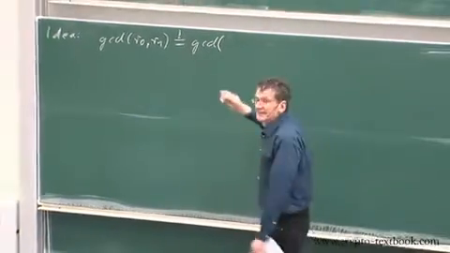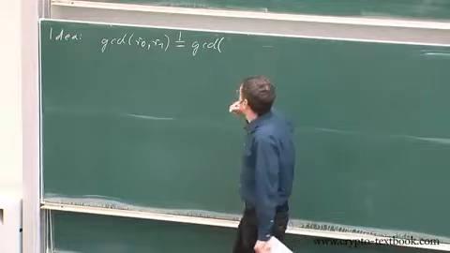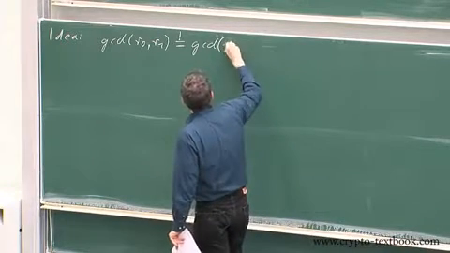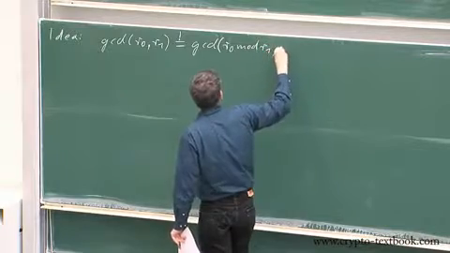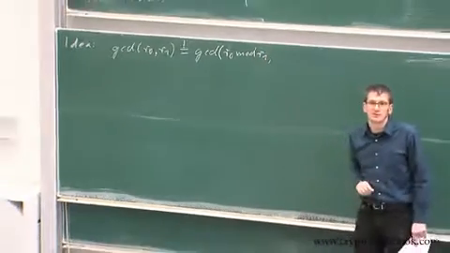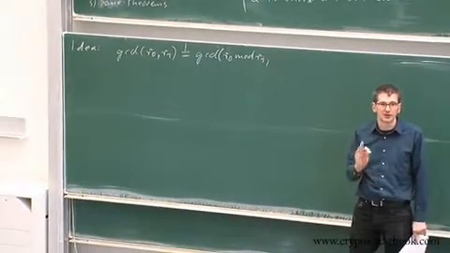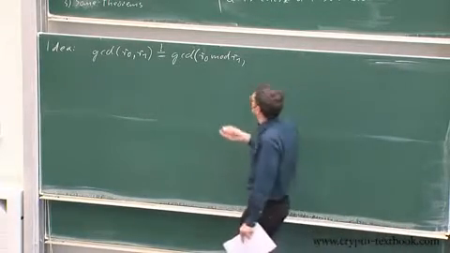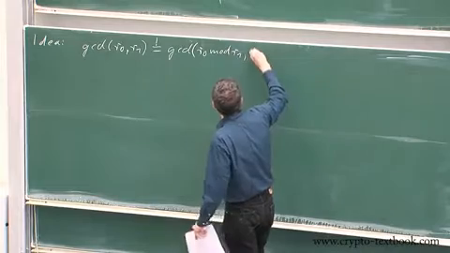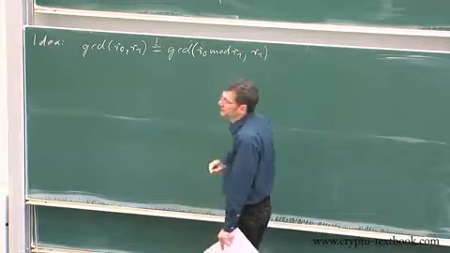So this GCD is the same as the GCD of R0 reduced modulo R1. So we replace R0 by a reduced version of R0, and R1 stays the same.